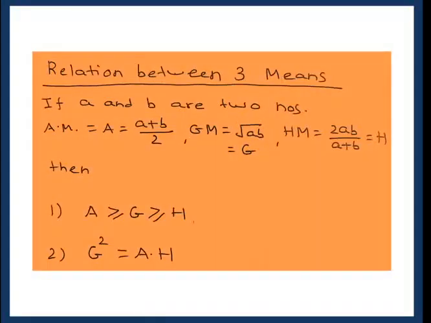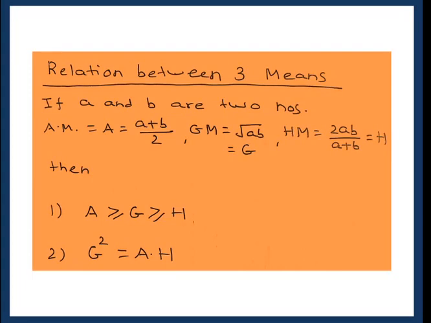Now, the relation between three means. If A and B are two numbers, then the arithmetic mean between them is A plus B by 2. Geometric mean is root AB and harmonic mean is 2AB upon A plus B. They are represented by A, G and H respectively. What is the relation between them?